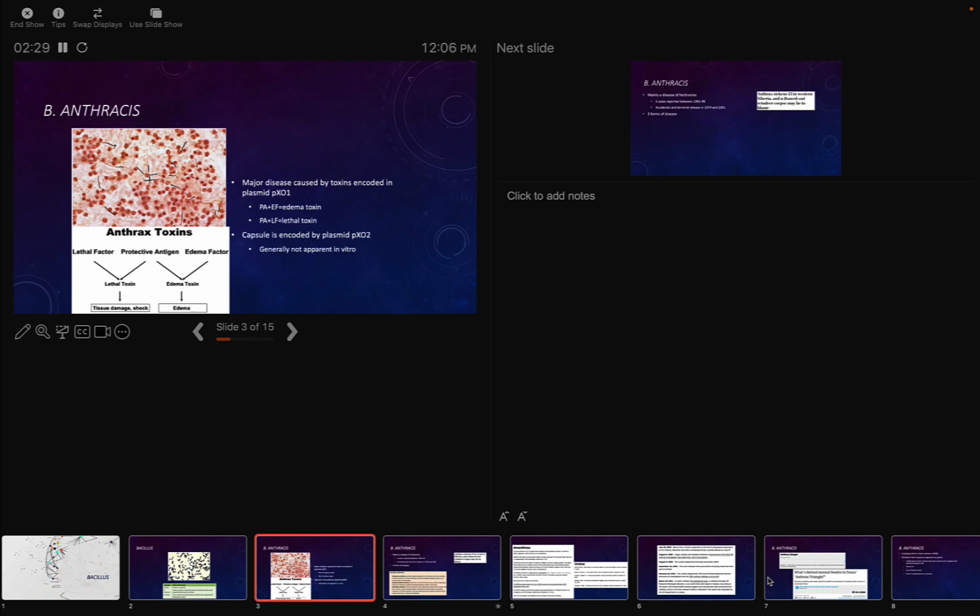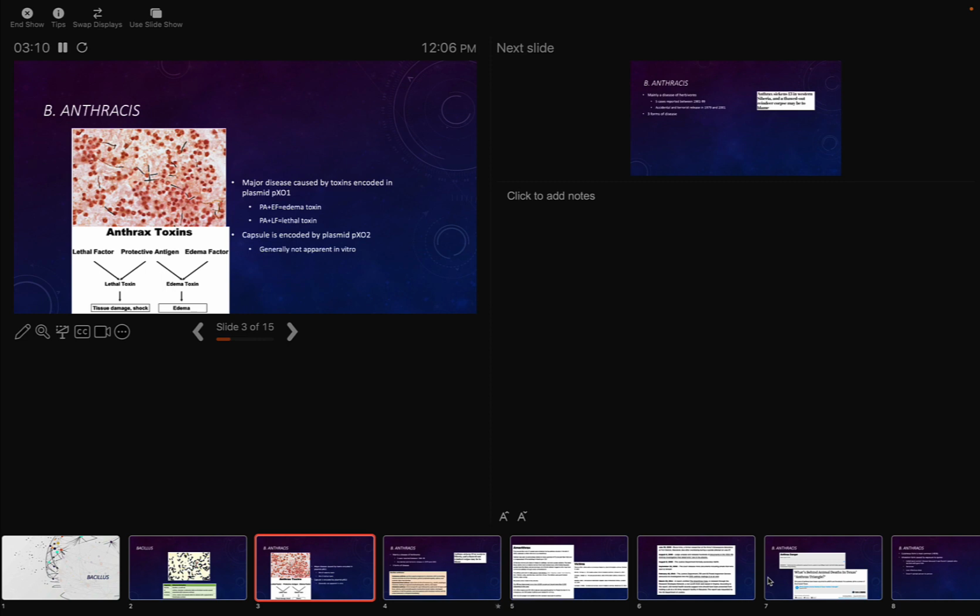There are 3 genes on this plasmid that are important for symptom development. The 3 genes are lethal factor, protective antigen, and edema factor. Protective antigen is a component of both toxins produced by anthrax. So protective antigen is part of both toxins, but if lethal factor is combined with protective antigen, you get the lethal toxin.